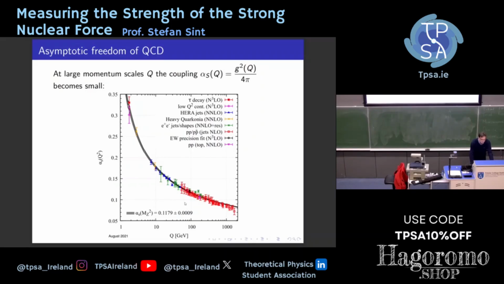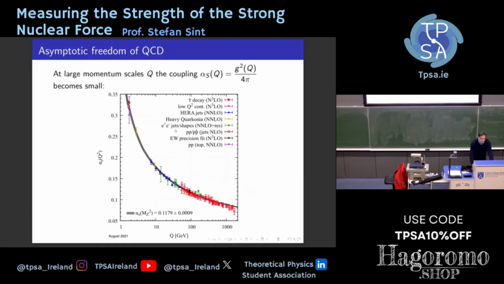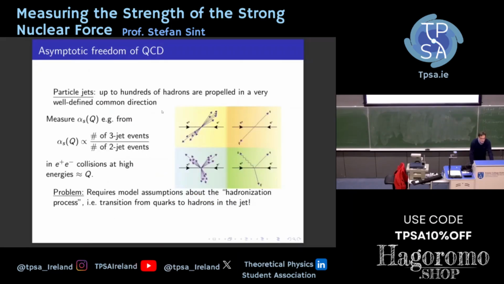So that is the value of 0.12 roughly, or 0.118. Okay, so how would you measure, for example, here in the jet physics measurement? If you have e plus e minus collisions, like in the precursor of the LHC, then you create, say, a highly energetic virtual photon, and that decays into a quark and antiquark in many cases. And then quarks and antiquarks will not stay free, but they will hadronize.